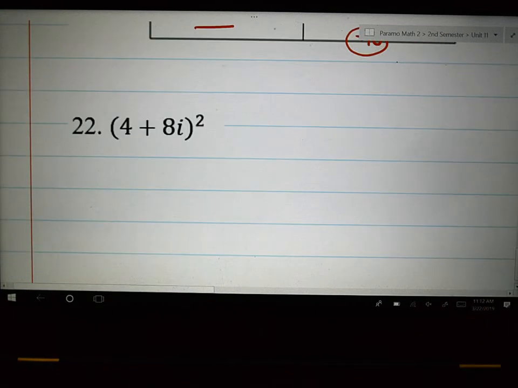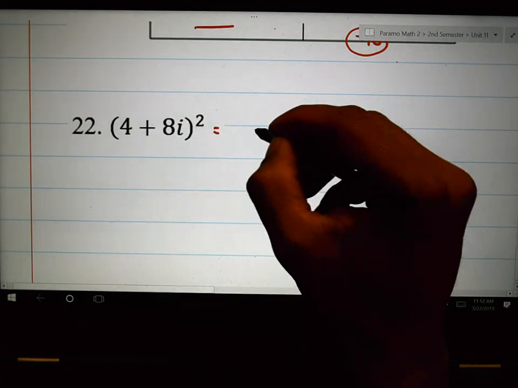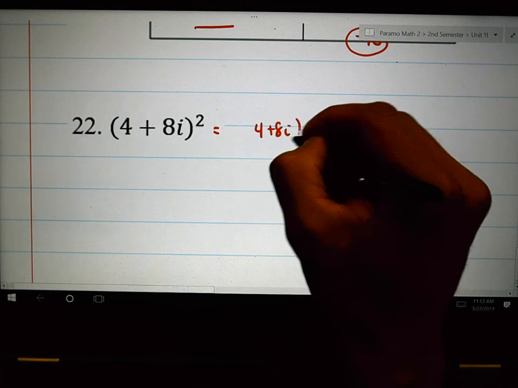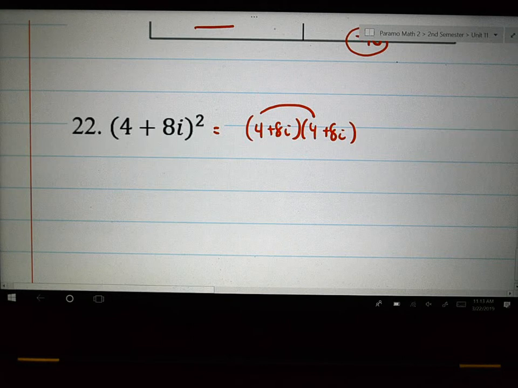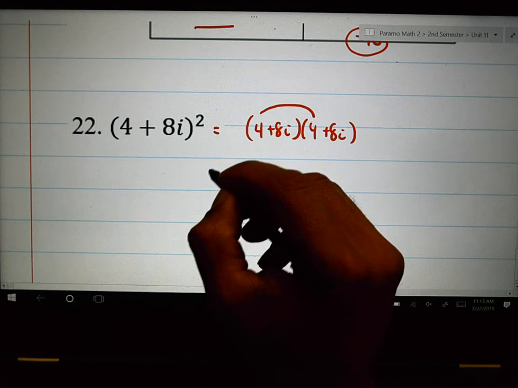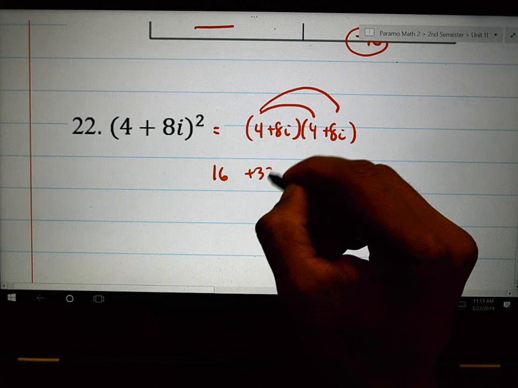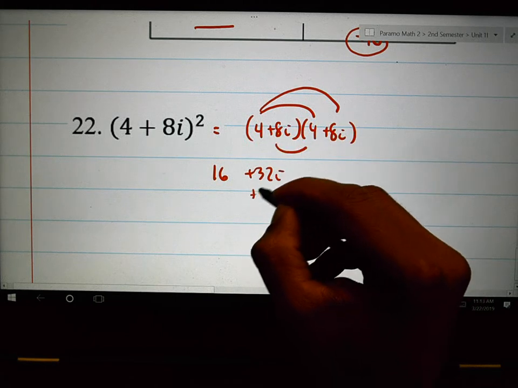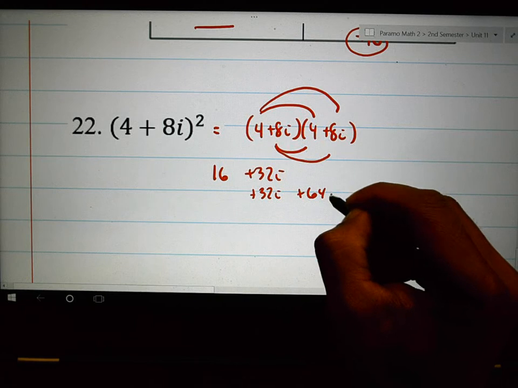The last one that I have for you is 22. And that's because they give it to you like this, and you have to remember it's a binomial times a binomial, so you have to FOIL this out. 16 plus 32i plus another 32i plus a 64i squared.